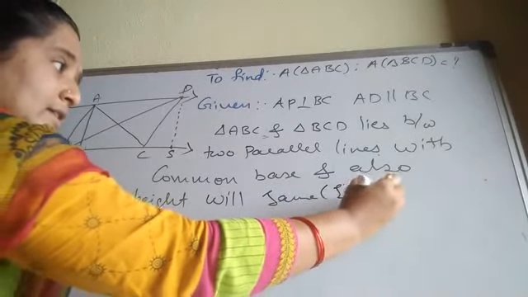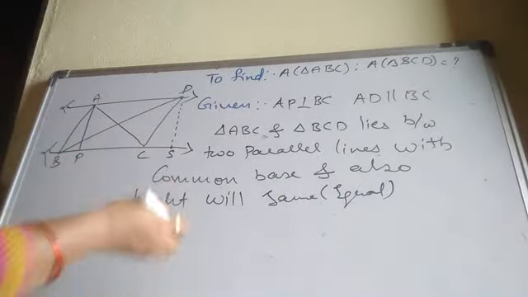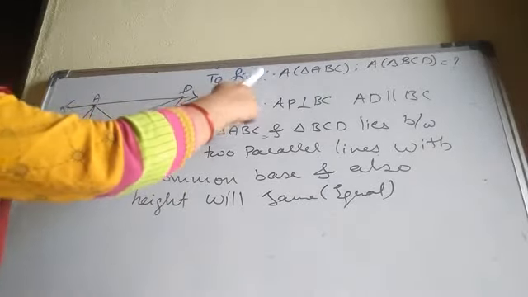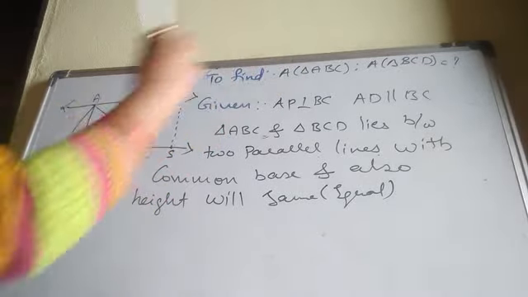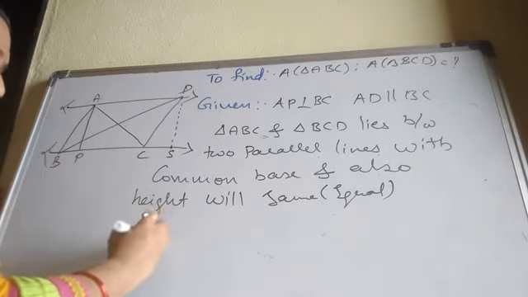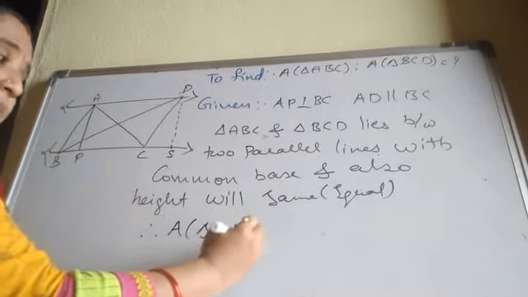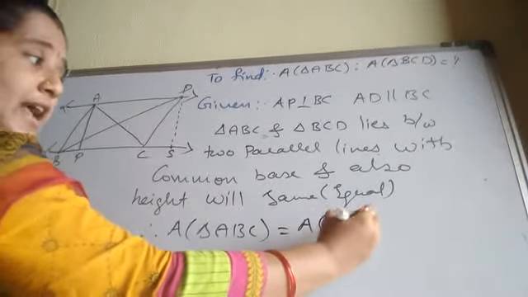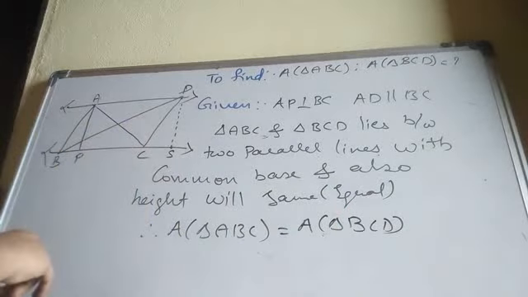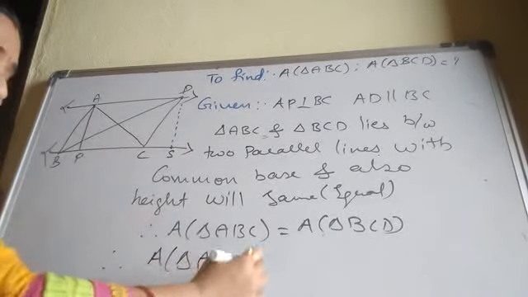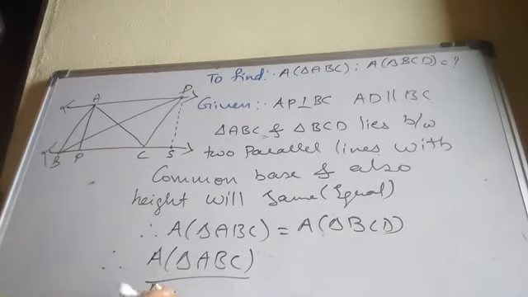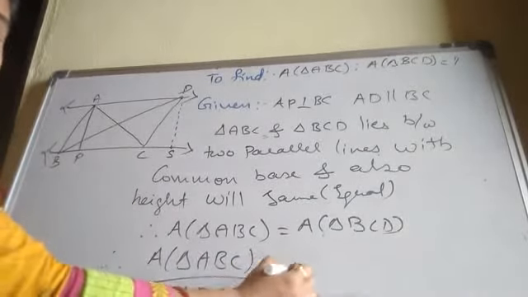Otherwise, you can write equal. Now what do we have to find? Ratio of area of triangle ABC to area of triangle BCD. So here directly I write area of triangle ABC equal to area of triangle BCD. How? Because base gets cancelled, height gets cancelled. Therefore, area of triangle ABC upon area of triangle BCD equal to 1.